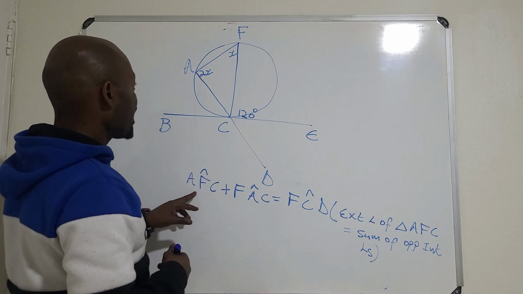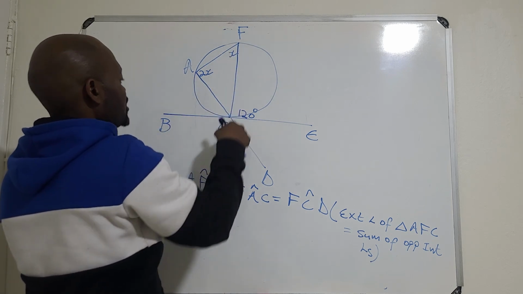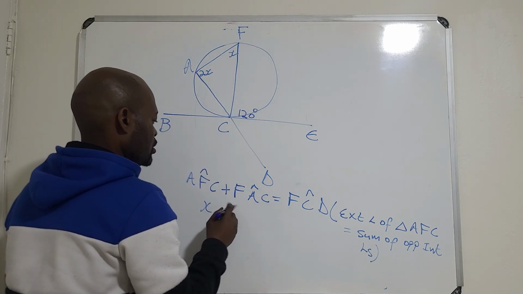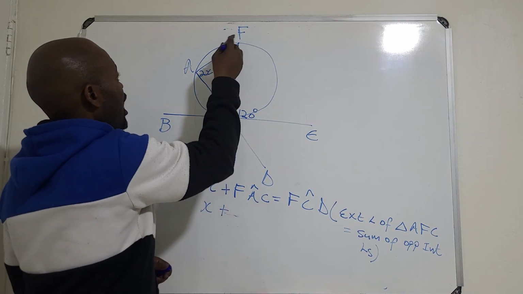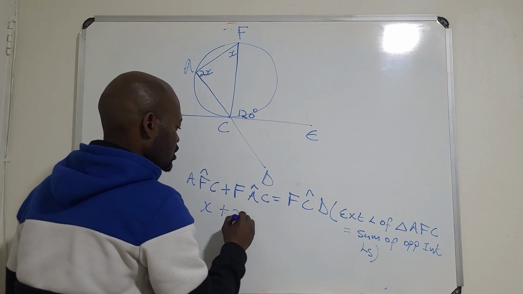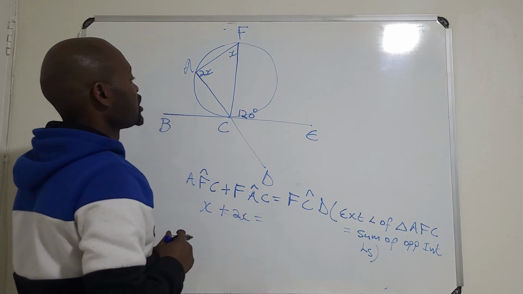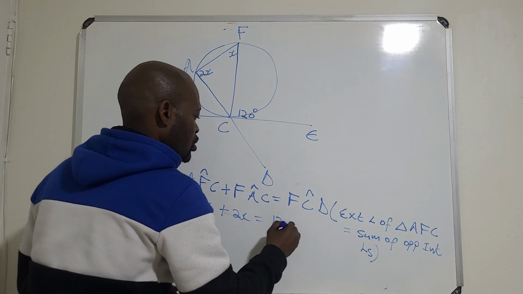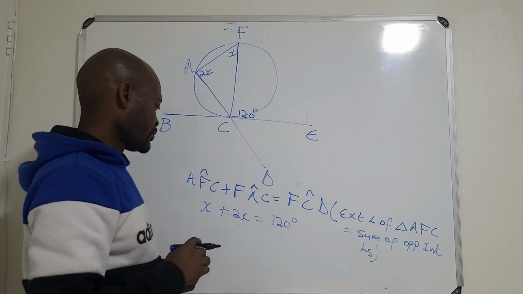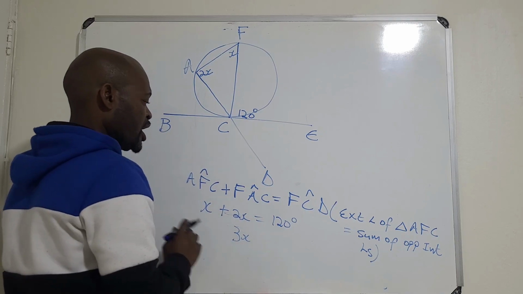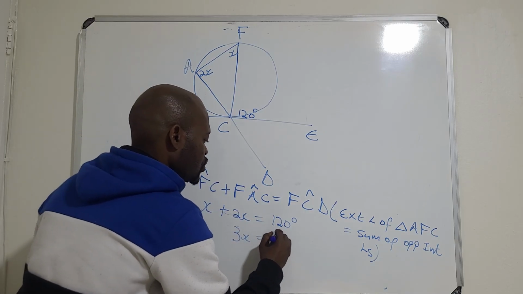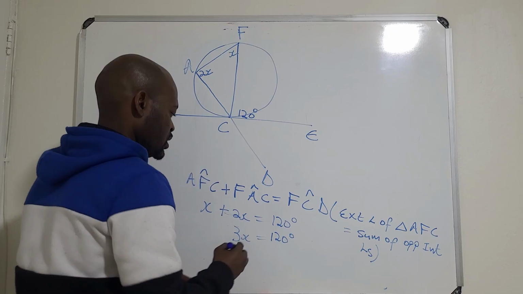Now, angle AFC is x plus angle FAC, 2x, which is equal to 120 degrees. Now, this plus this is 3x, which is equal to 120.